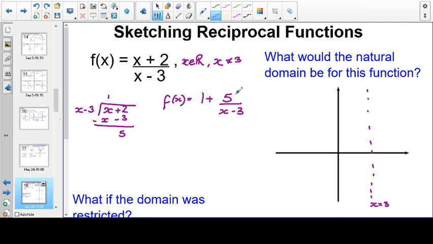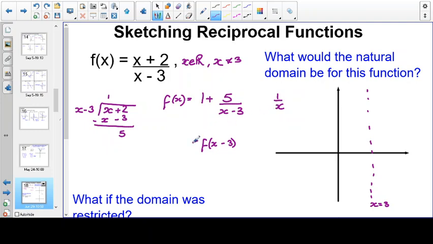So we've written it in a different way. Now this is a multiple graph transformation of 1 over x. So if you think about what's happened, if this was our original function, well, you've got x minus 3 has gone into the function.